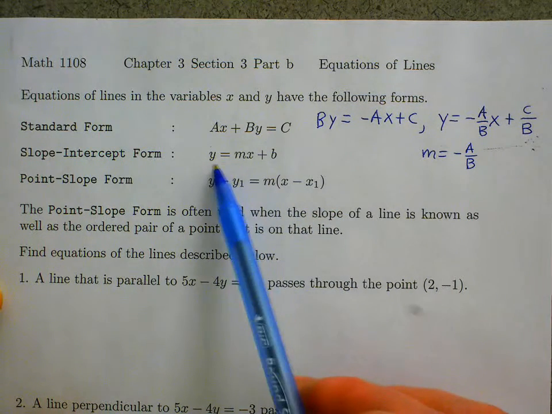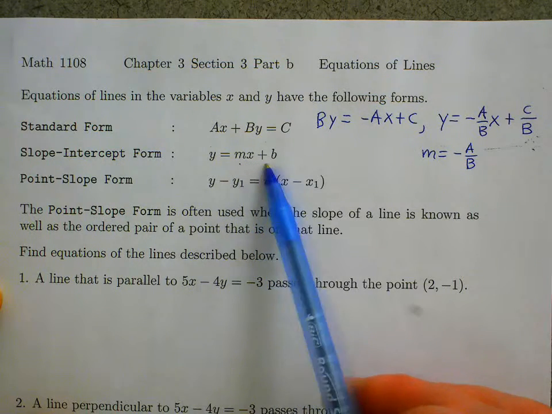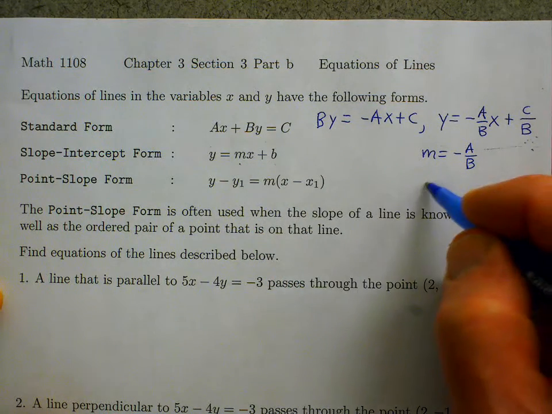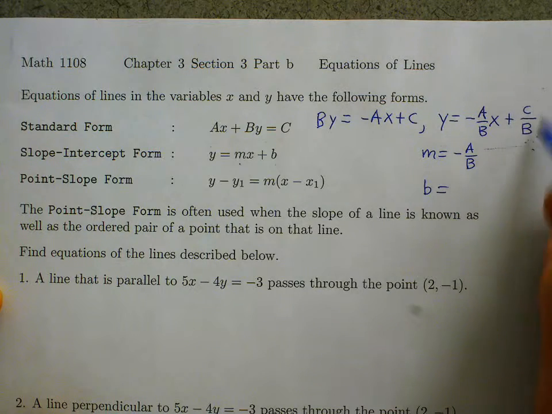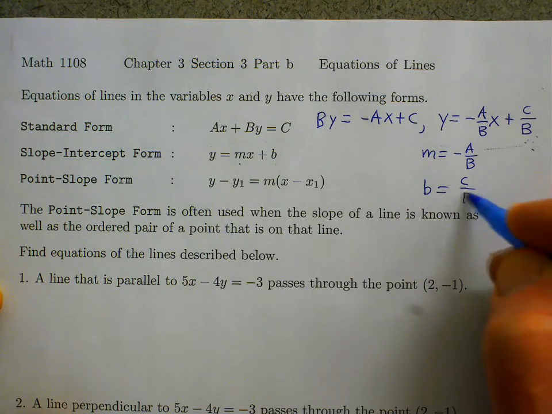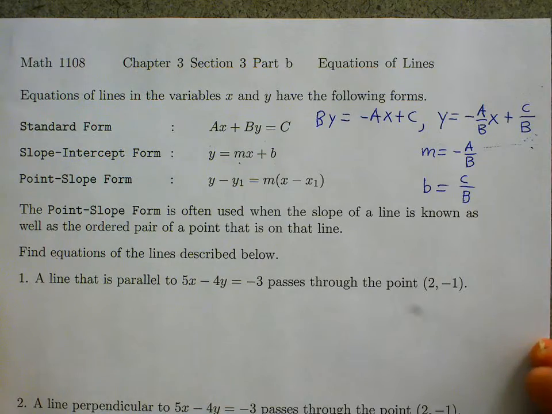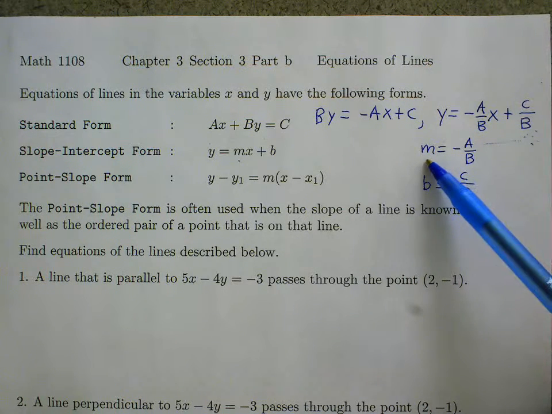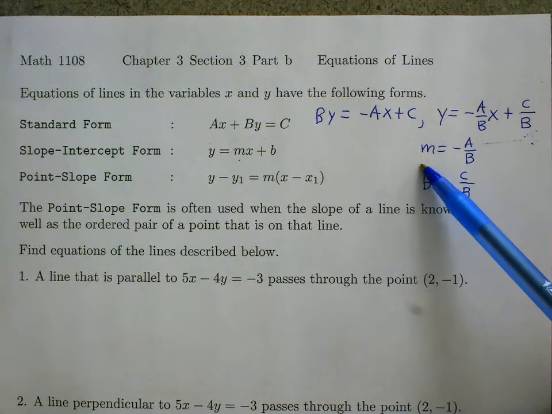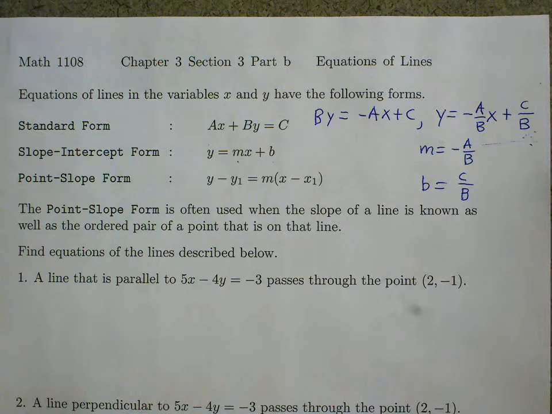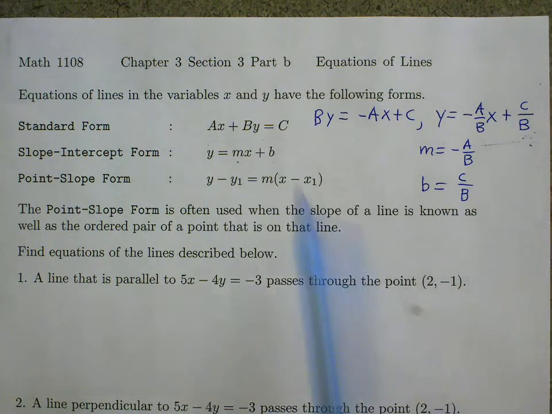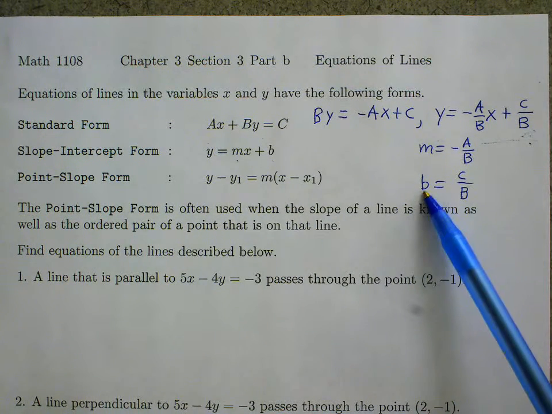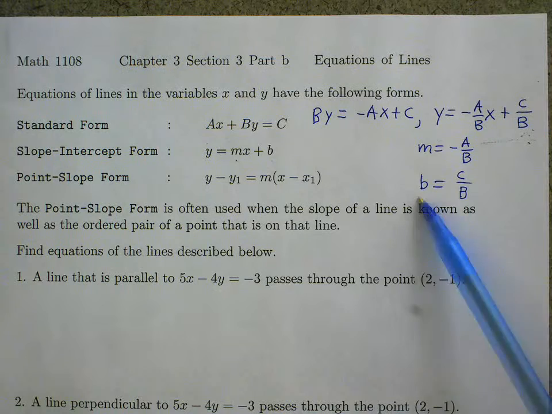So in terms of y equals lowercase m times x plus lowercase b, b is capital C divided by capital B. But you might agree that instead of writing negative A over B for the slope, it's just easier to use a simple variable like m. And instead of writing capital C over capital B for the y-coordinate of the y-intercept, it's simpler to just use a single variable like b.